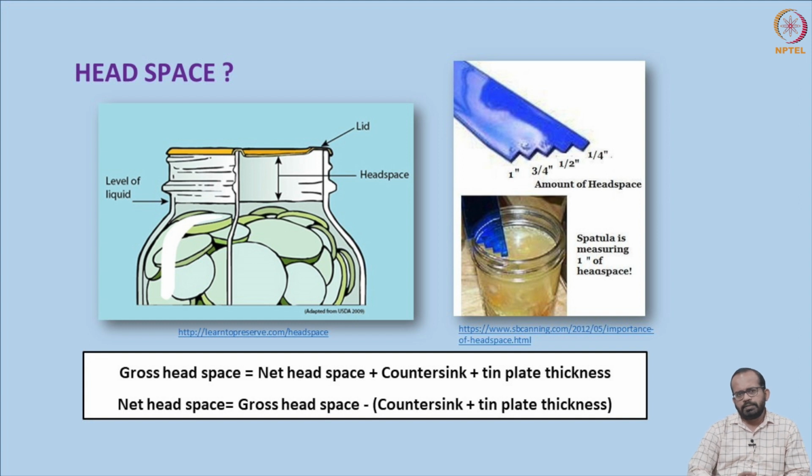According to the container, the headspace that we provide will vary. In the case of jams and jellies in glass jars, 1/4 of an inch, or 0.635 centimeter or 6.35 mm, is generally provided as headspace. In the case of fruits and tomatoes, half an inch, or 1.27 centimeter or 12.7 mm, of headspace is provided.